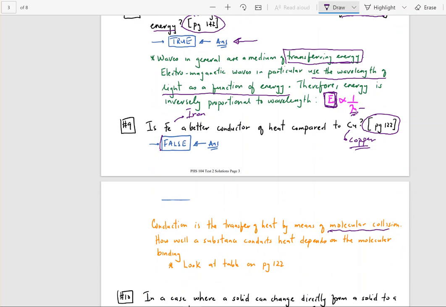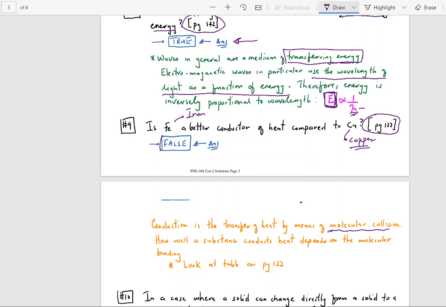It all goes back to how your molecules are bound together, because you have a metallic bond, covalent bond, ionic bond. But in this case, these are both metals, so there's a lot more that goes into why one is better than the other at conducting heat.